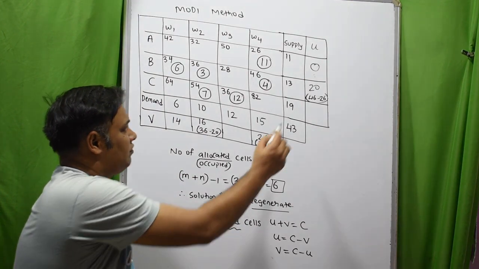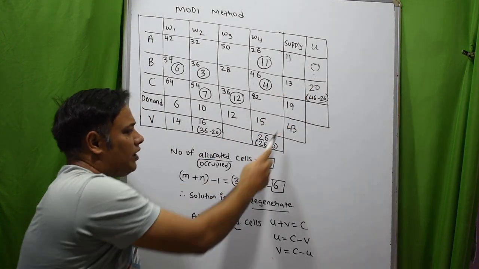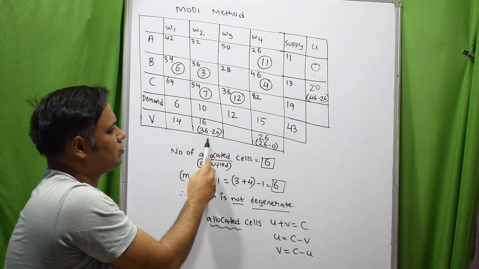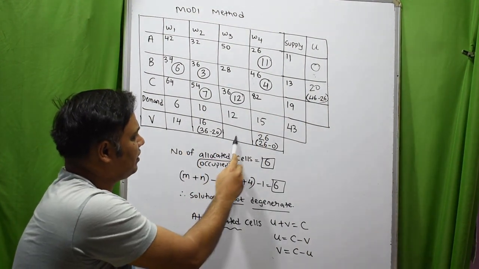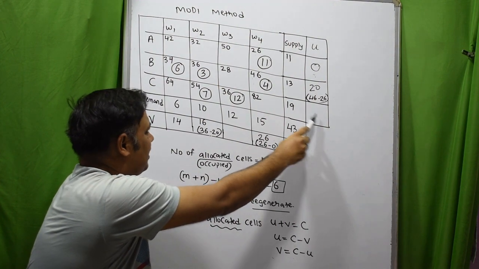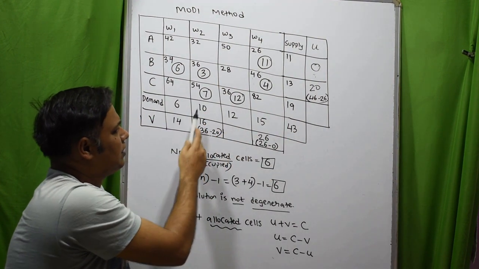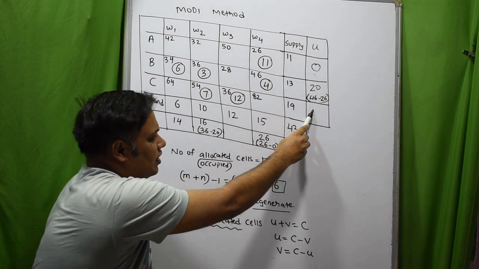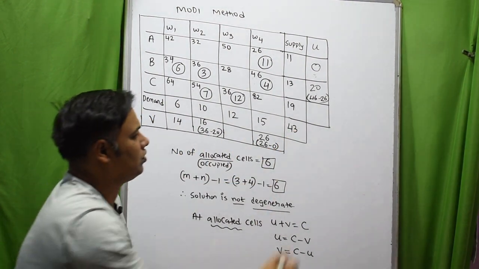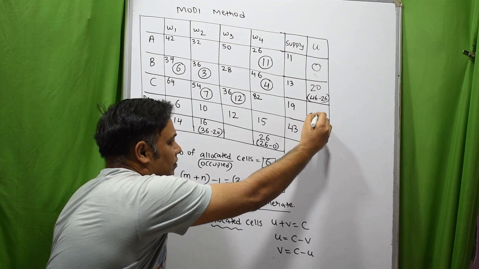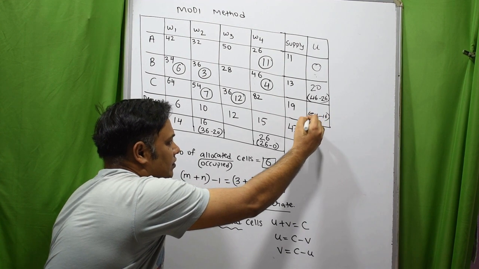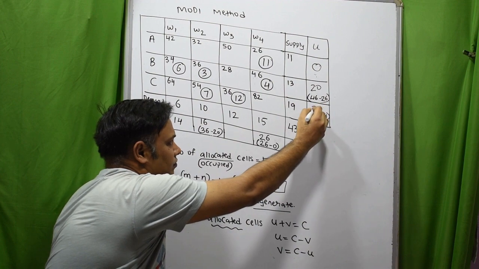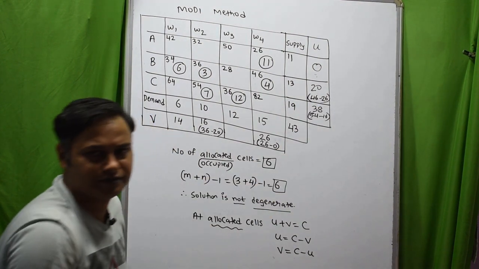We have got first 0, then we got a 26, then we got the 20, and from 20 we got these two values. Now I need one more value here and here. In this cell we have these two occupied cells. I got 54 here. 54 minus 16, I can get the corresponding u, so 54 minus 16 I can write 38.